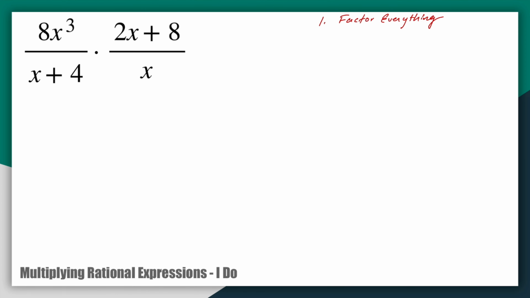Once you factor everything, cancel. I'm just writing cancel, but that means cancel out any terms that you can cancel out. Make your expression smaller. You'll have to deal with less multiplication, and it'll be easier. And then write it in its most simple form. So that's the first thing we're going to do here.